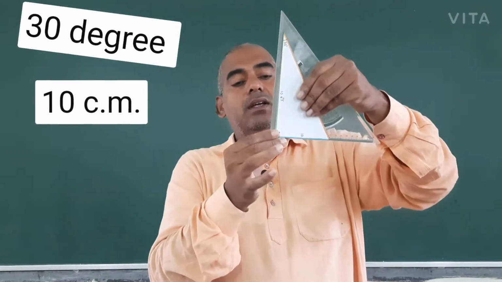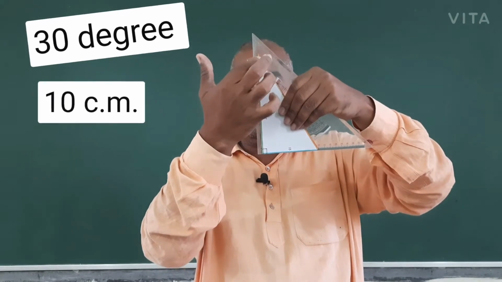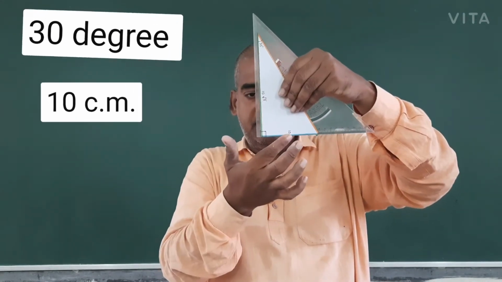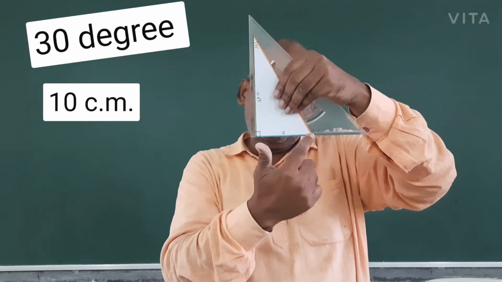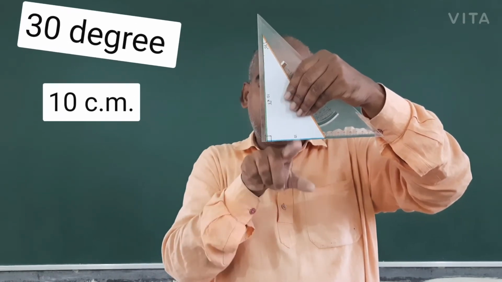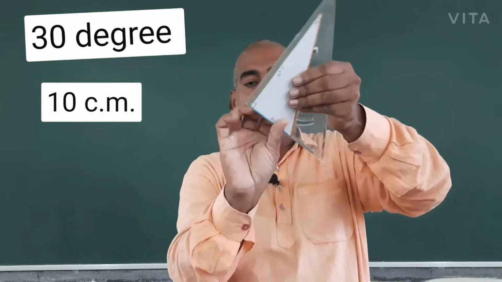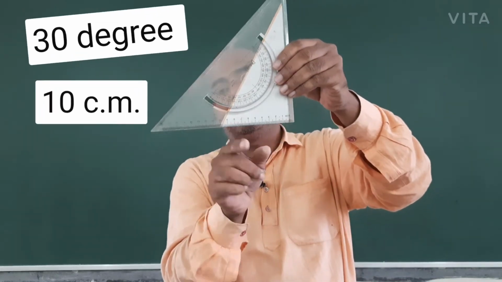So this is 30 degree, opposite to that side is 10 centimeter. Now the ratio of this is 1:2. We will measure the opposite sides' ratio. This is 10 centimeter, this is 10 centimeter, you can see.